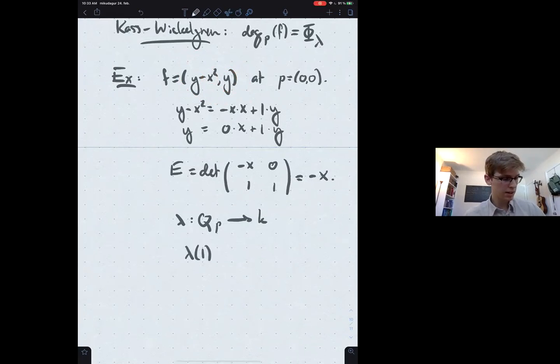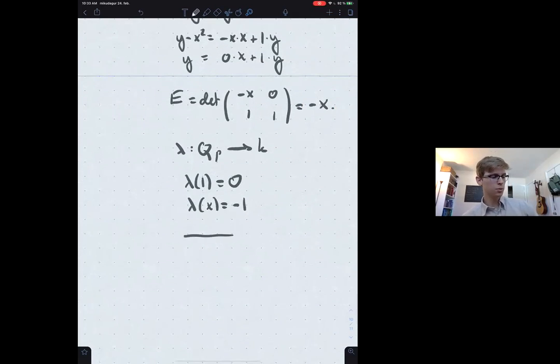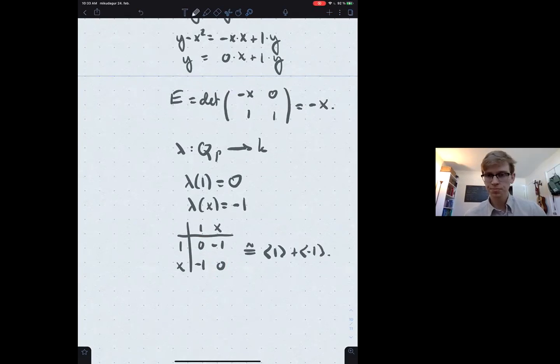And so I'm just going to define lambda of 1 to be 0 and lambda of x to be minus 1, so that lambda of minus x is 1. And the bilinear form you get, well, if I pair off these, I should get a minus 1 for the x's. I get 0 on 1, and then x squared was killed in my ring, and so that's also 0. And this is just the bilinear form 0 plus minus 1.